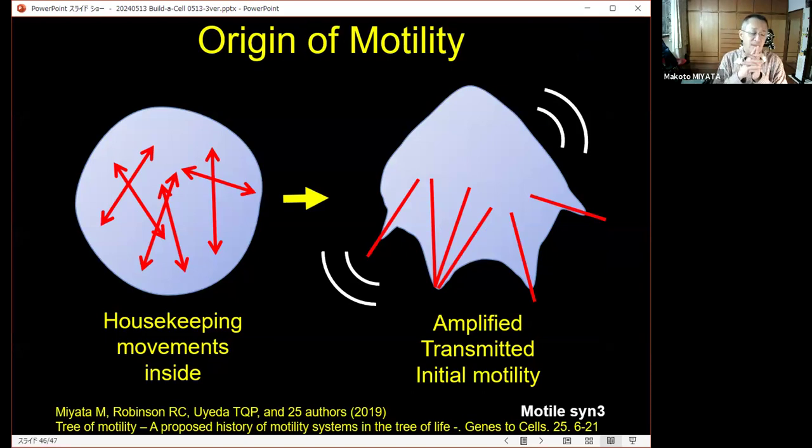Now we believe that we are just seeing the conversion of a static short filament MreB to a somehow moving protein. So we are now seeing this boundary from housekeeping movements inside to amplified cell motility. That is our story.